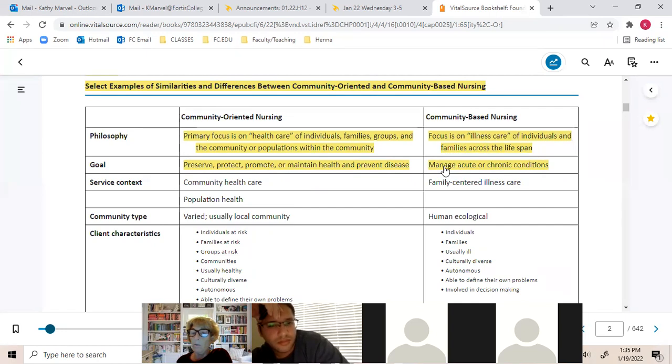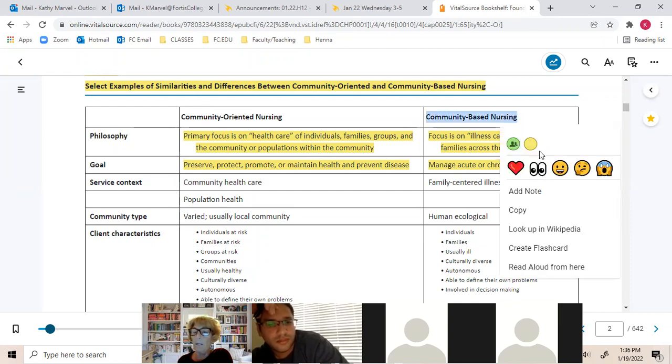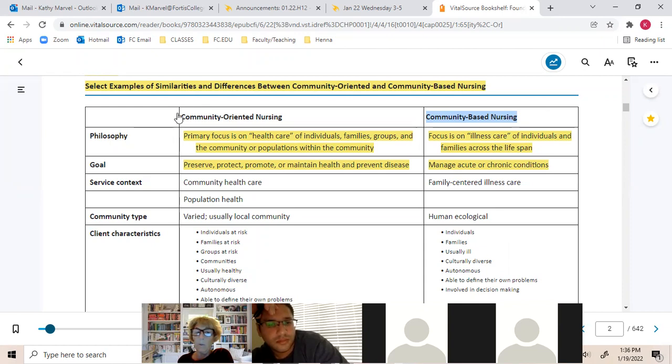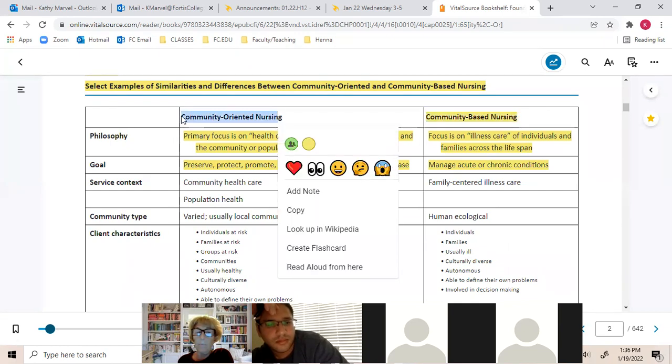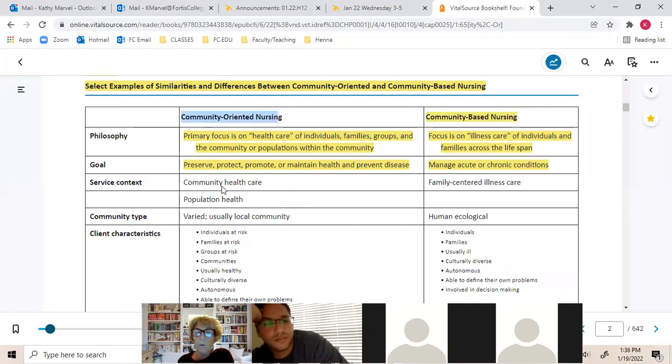You're taking care of the ill, managing acute and chronic conditions. That's how I think about it. Whereas with community-oriented nursing, your goal is to preserve, protect, promote, or maintain the health. Make sense?